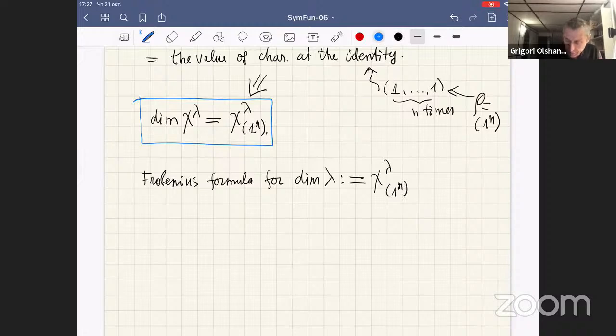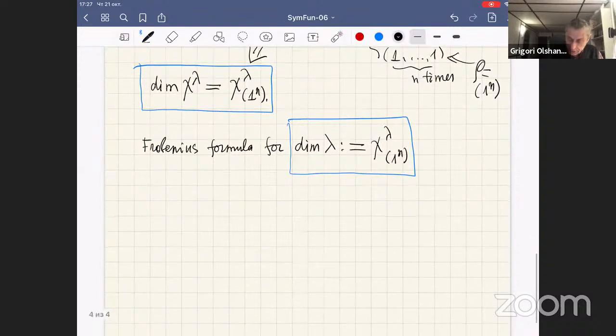So this is the definition of the notation, and I want to find some formula. Now I can state the result. This is the Frobenius theorem.